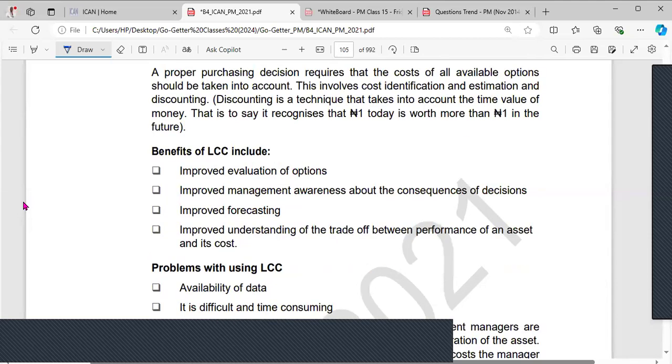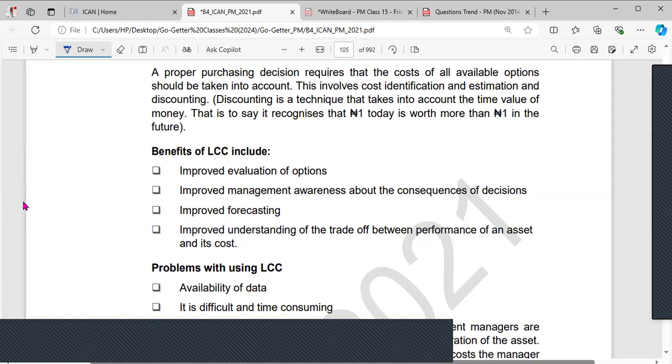Sometimes you see a question that will tell you inflation rate will affect it every year, this inflation index. It will improve your forecasting, and it will improve understanding of the trade-off between performance of an asset and its cost. So an asset is performing, and what is the cost?